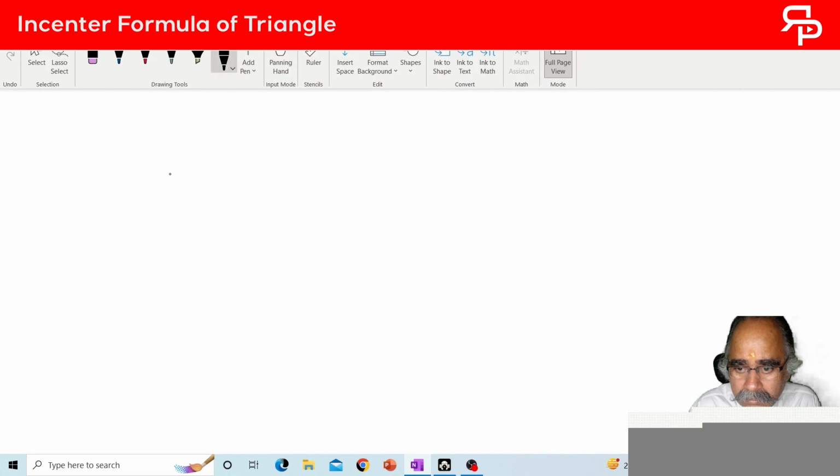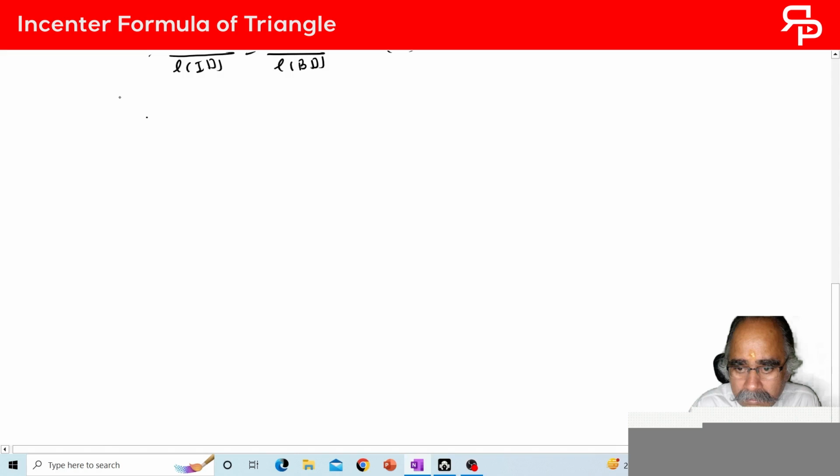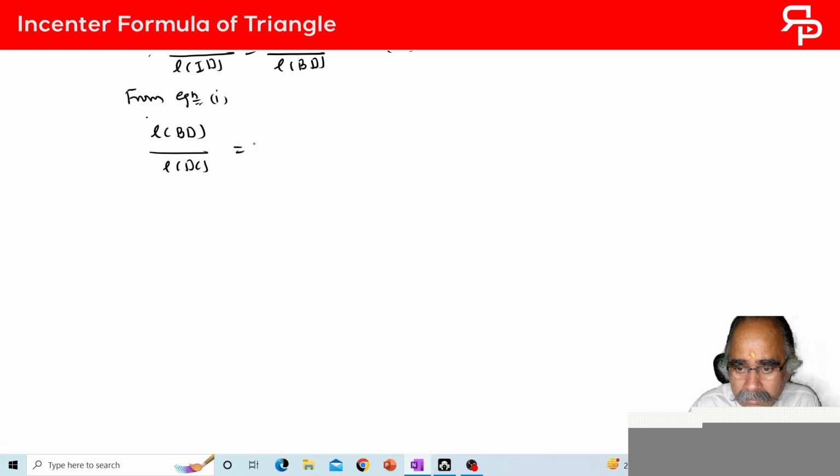So remember what was equation 1? Length BD upon length DC is C upon B. This was our equation number 1.